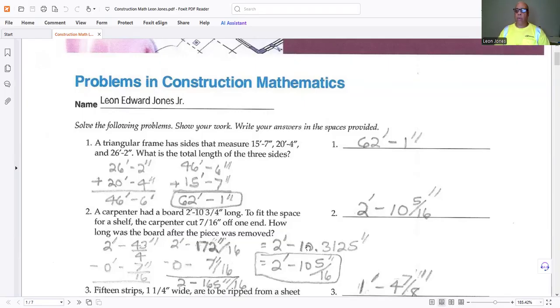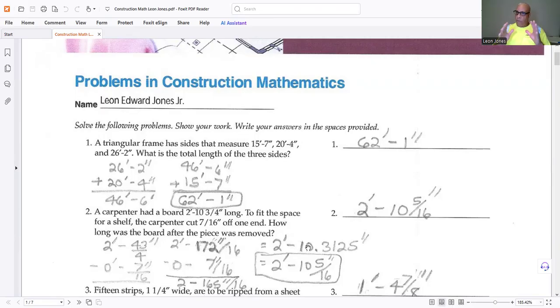That's why a square is 360 degrees and a triangle is 180 degrees.